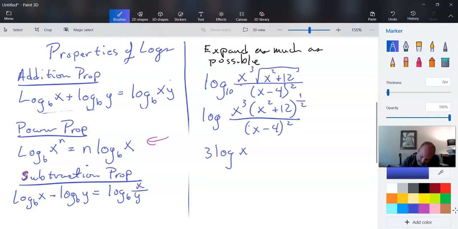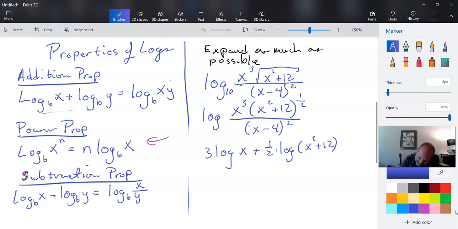So what the second term ends up being is 1/2 of the log of x squared plus 12, right? Don't get confused and break that up into 2 terms. You can't. These aren't factors, right? They're being added together, not multiplied together. And it only works if they're being multiplied.